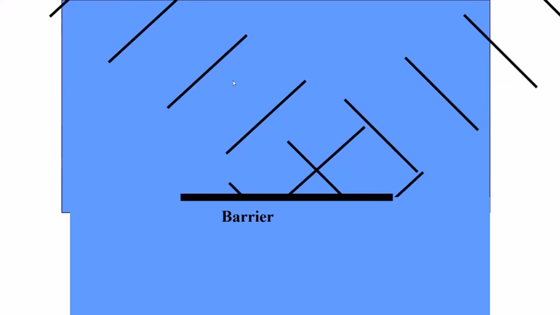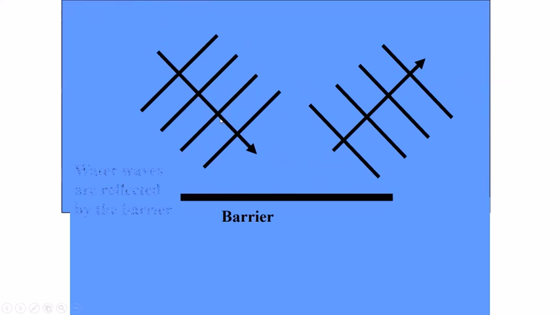If you measure the angle between the incident, the wave which strikes the surface, we call that the incident wave.